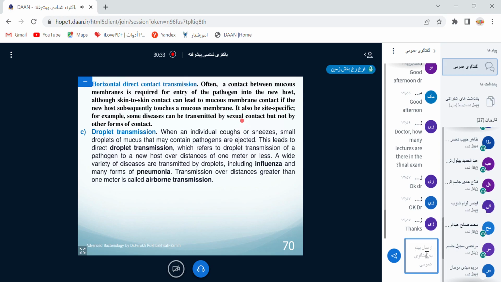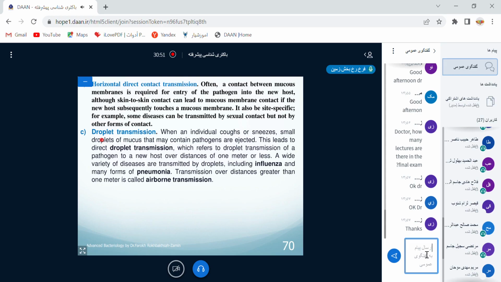For example, some diseases can be transmitted by sexual contact. And the third one in this part is droplet transmission.